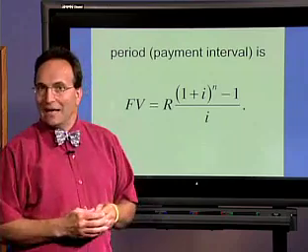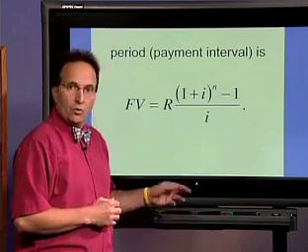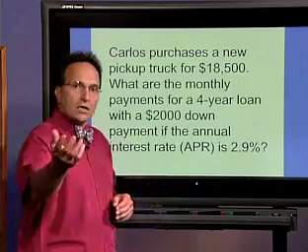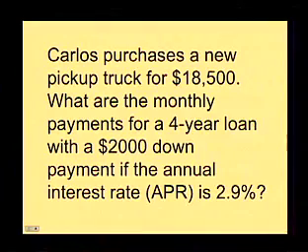Let's look at an example of a loan. Carlos purchases a new pickup truck for $18,500. What are the monthly payments for a 4-year loan with a $2,000 down payment if the annual interest rate, labeled as APR, is 2.9%?